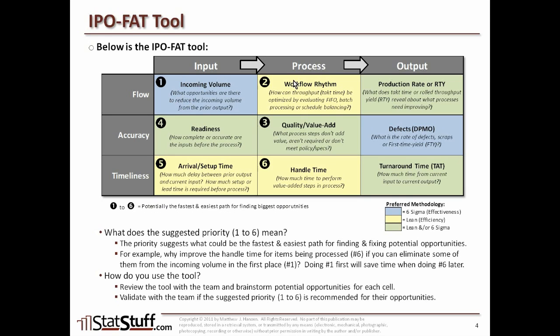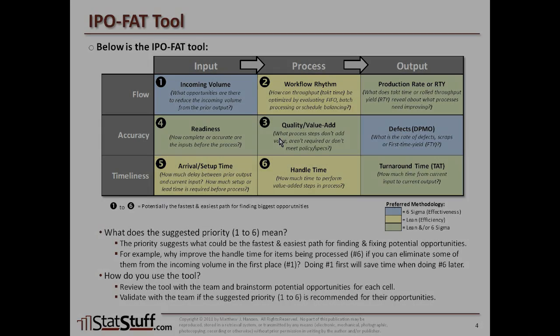Versus this next one, workflow rhythm. That one's in yellow. So whatever items or opportunities you identify here, you're probably going to find yourself using more lean-oriented types of tools or concepts. Versus these green boxes, these are things where you're going to use possibly some combination of either Lean or Six Sigma, some blend of those methodologies.